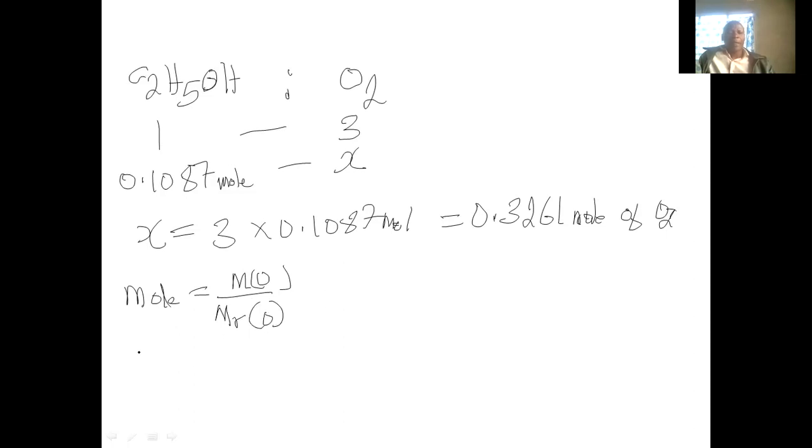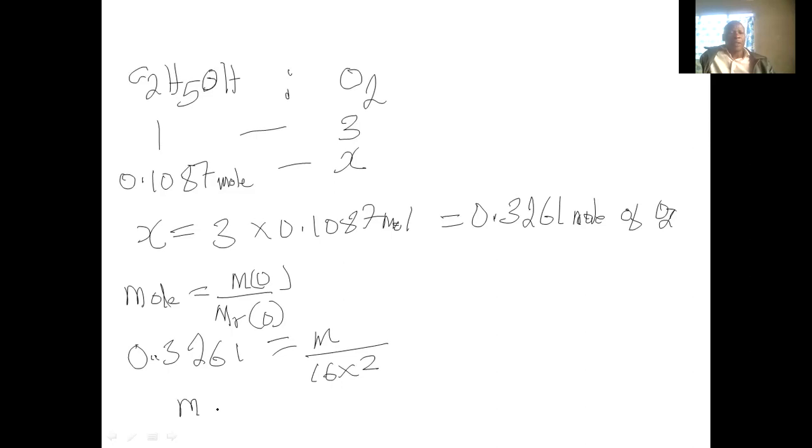We have found that the number of moles here is 0.3261, which is equal to mass over 16 multiplied by 2.